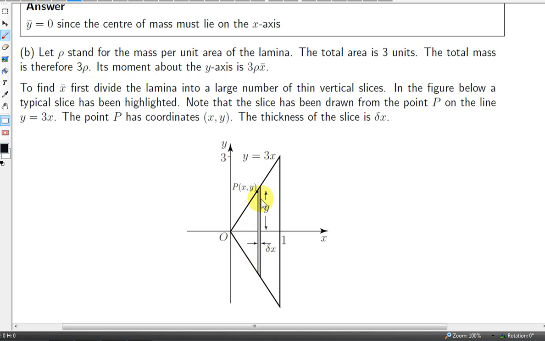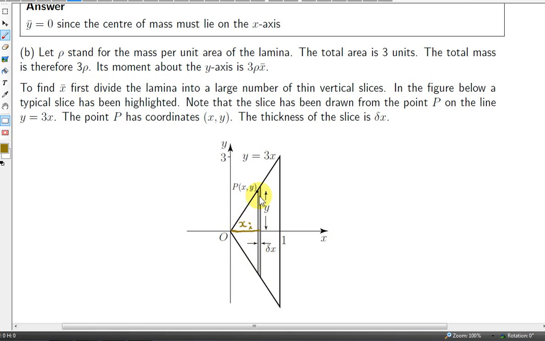So in this case an element of mass will be shown parallel to the y-axis, and we'll be calculating moments of this about the y-axis. So remember, to get x bar we need to sum each mass element times its x coordinate, so that's its distance to the y-axis.